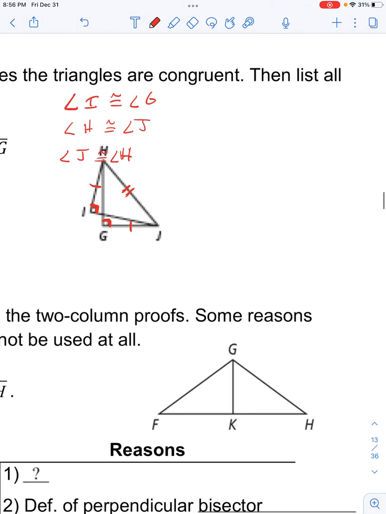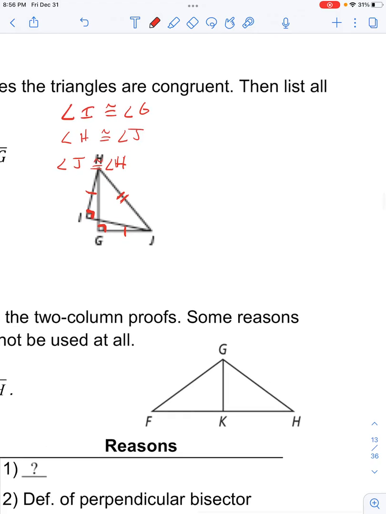and this also means that the corresponding sides are congruent. So we have side IH is congruent to side GJ. Then HJ is congruent to side JH.